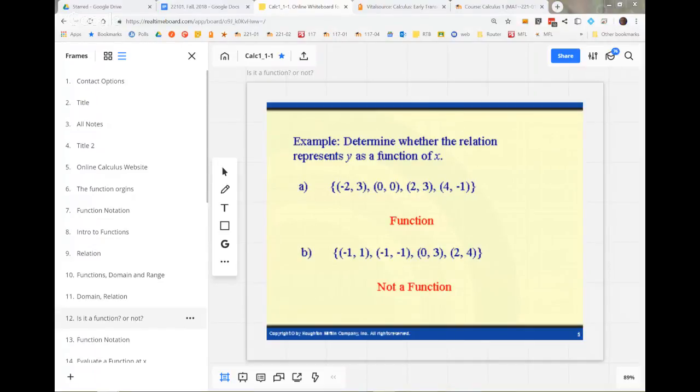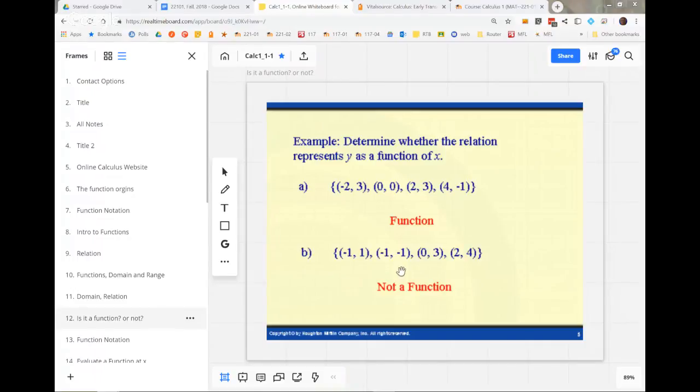Why? Because, first of all, we don't have any repeat x's. -2, 0, 2, 4 are the four x coordinates, and none of them are the same, so we're good. As opposed to problem B up here, notice we have two points that have a -1 as an x coordinate, and they have different y coordinates, and that's the violation.